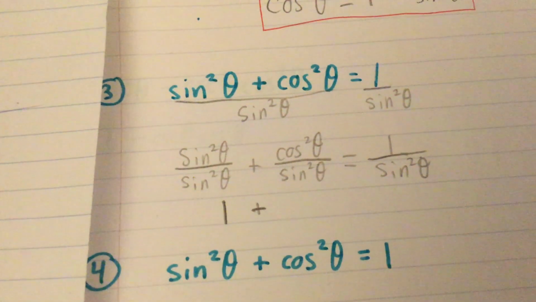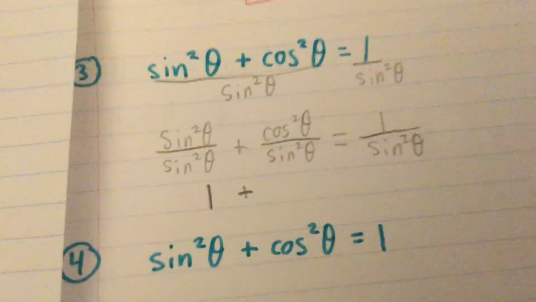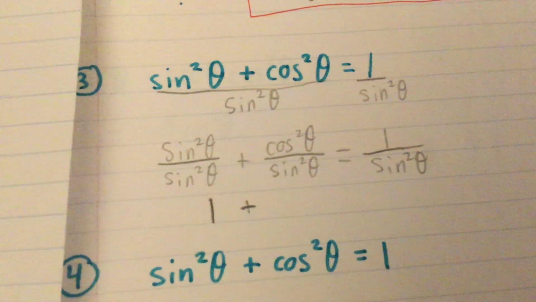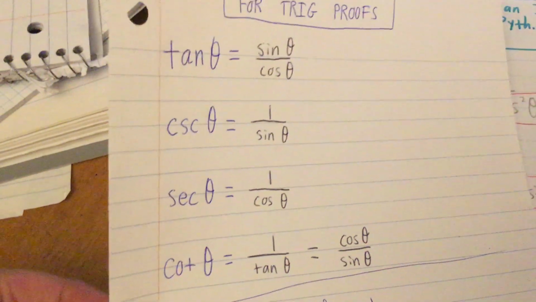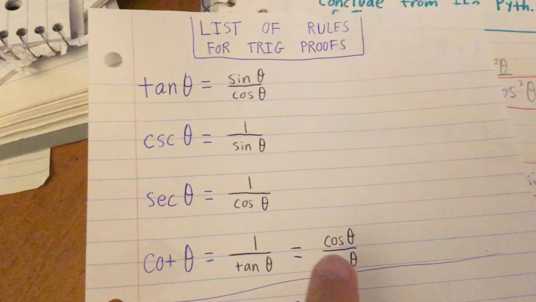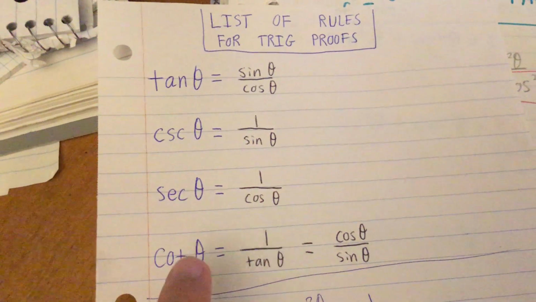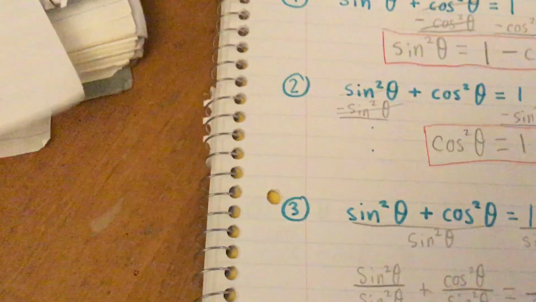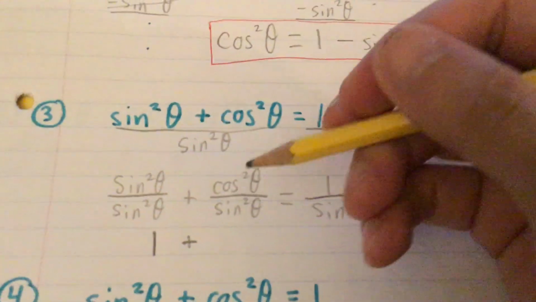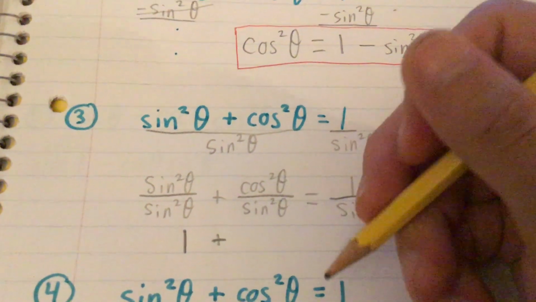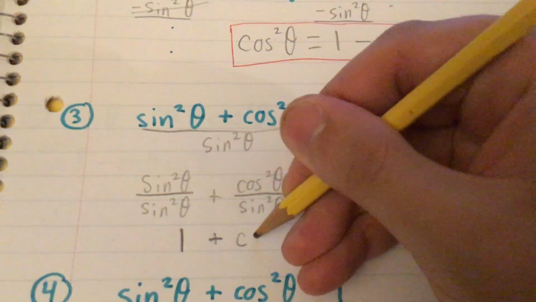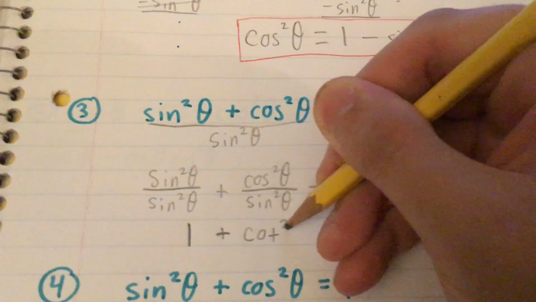Cosine squared of theta over sine squared of theta. Well, I remember distinctly what cosine over sine is. Anything look like cosine over sine here? Right there. Cosine over sine is cotangent. That's going to come in handy. So if cosine over sine is cotangent, then cosine squared over sine squared is cotangent squared of theta.